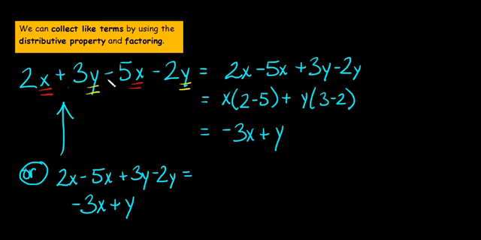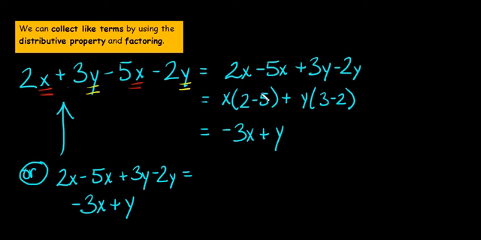And I underline my y's in yellow so you can see those. And I'm going to put those together, plus 3y minus 2y. I can factor out an x because both of these have an x in common and be left with 2 minus 5. Here I can factor out a y and be left with 3 minus 2. And if I do what's in parentheses, 2 minus 5 is negative 3, so I'm left with negative 3 times x. And 3 take away 2 is 1, and 1 times y is y.